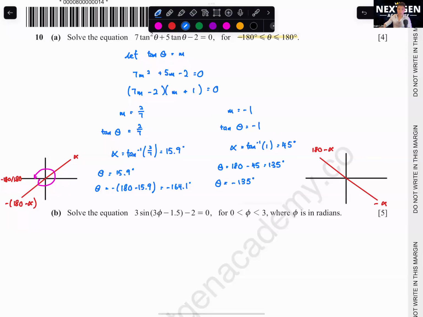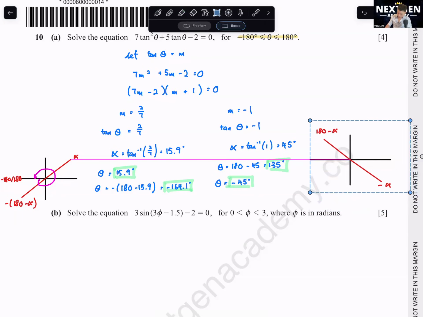Okay, so in total, you will have 4 answers here: 1, 2, 3, 4. Okay, wait a minute. This is negative 45, minus 45 degrees. Okay, if you feel your working is a little bit too messy, you find some space at the bottom right.